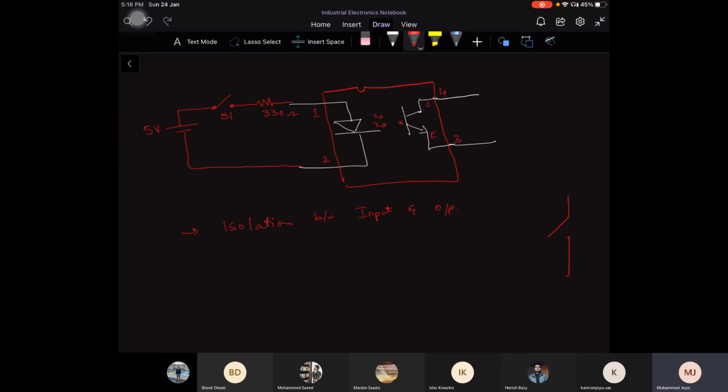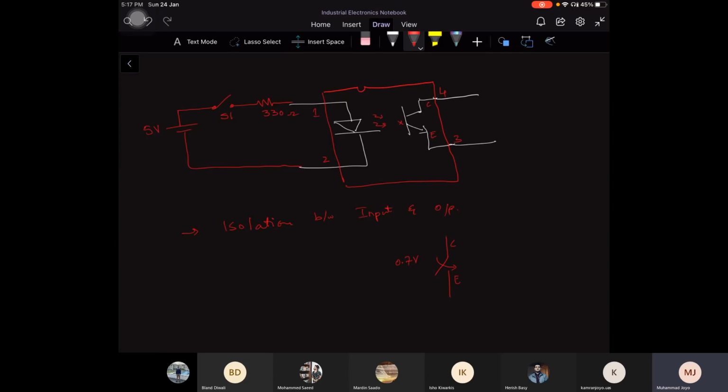Let's suppose this is a switch, and this is your collector, and this is your emitter of the transistor. In order to turn the transistor on, you need to provide some voltage, that is 0.7 volts at the base.